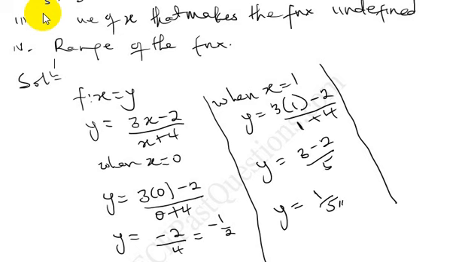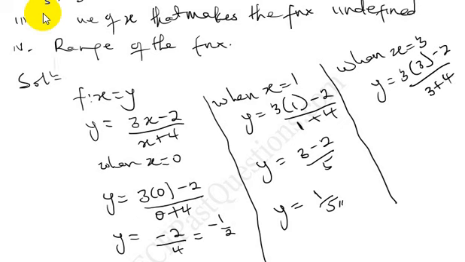So for 1, we are getting y to be 1 on 5. Now we'll do the same thing for 3. So when x equals 3, we are going to get y being equal to 3 bracket 3 minus 2 all on 3 plus 4. This is 3 times 3 is 9, minus 2 is 7, so 7 on 7, and that is going to give us 1.